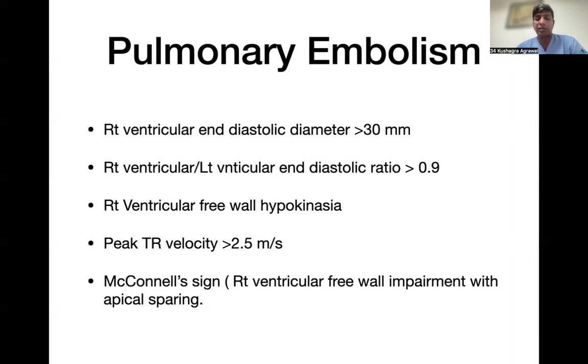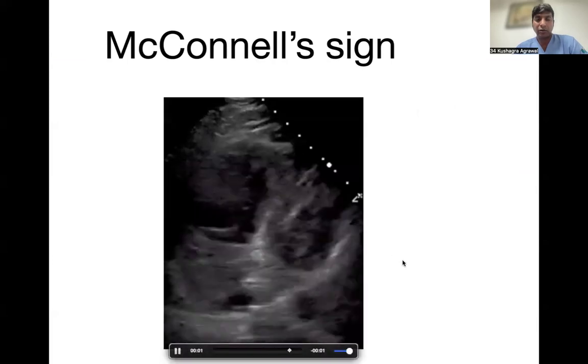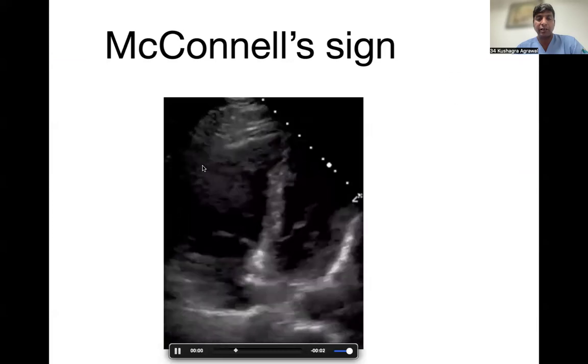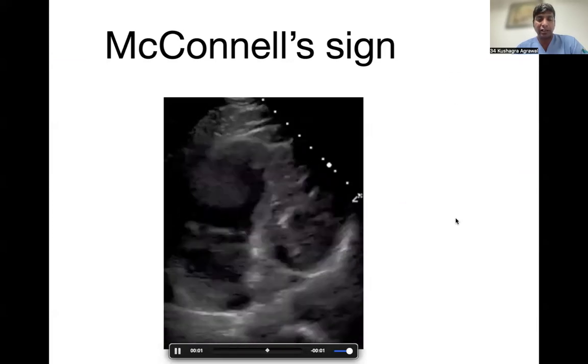In McConnell sign, basically there is impairment of the RV free wall, but contractility of the apex is preserved. So in this video, you can appreciate the contractility of the apex is preserved while the RV free wall is hardly contracting.